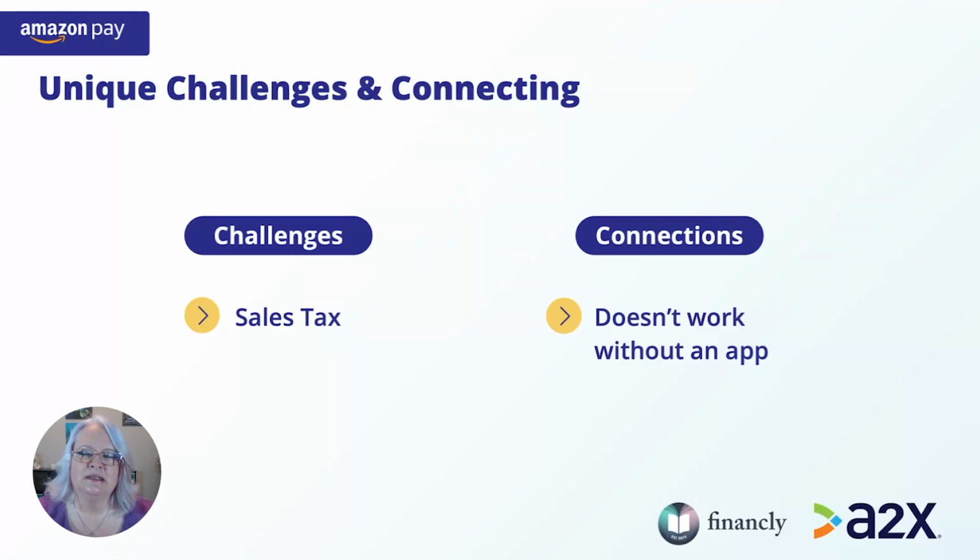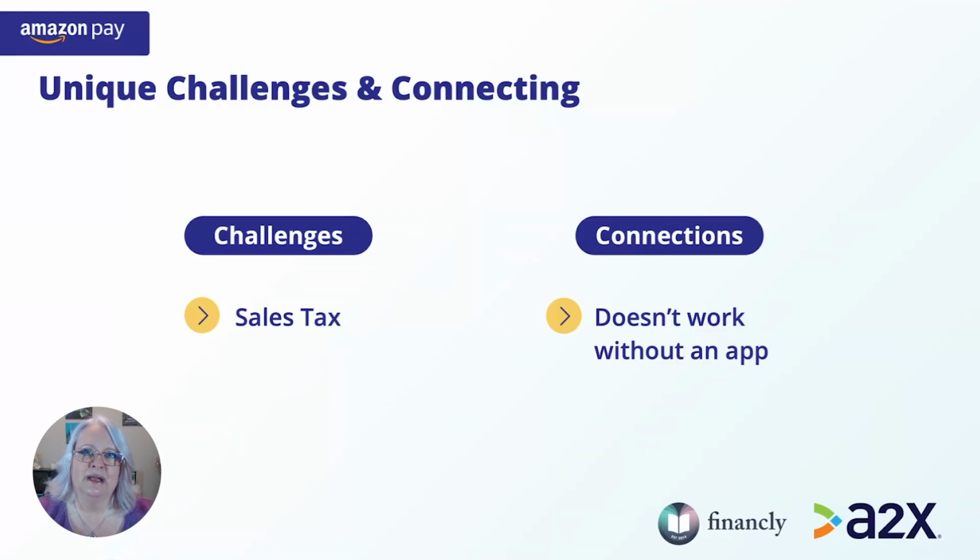And I have seen at times business owners using the payouts from, for example, Amazon Pay to record their sales entries. The problem with that is you don't have all the correct information and you won't have any sales tax information. So instead, you want to gather that sales, fees, discounts, and sales tax information directly from the e-commerce platform, such as Shopify.